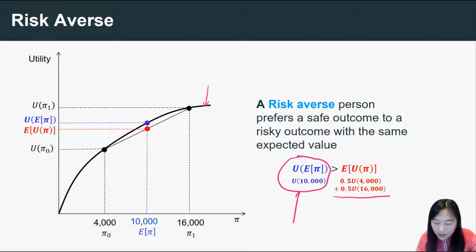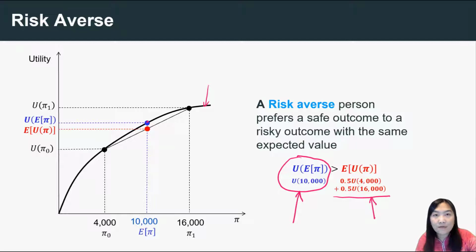This is the utility the producer got from the safe outcome. And on this side, the red point is the expected utility of the risky outcome. If the person prefers the safe outcome over the risky outcome, then the person is risk averse.